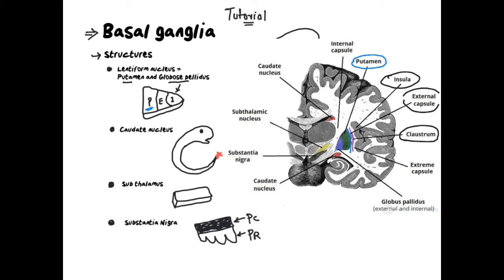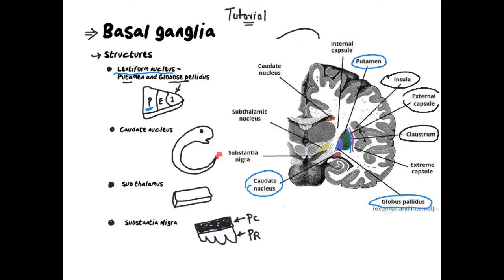And with putamen, it has another structure, globus pallidus, right? Globus pallidus and putamen together make a lentiform nucleus. Okay, so we have another structure here, the caudate nucleus, right?